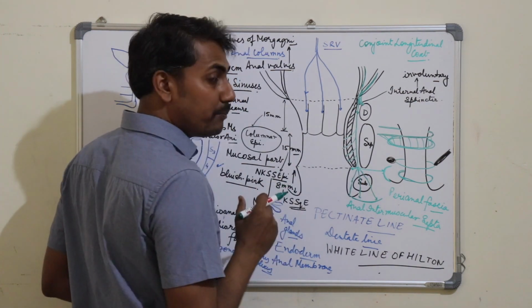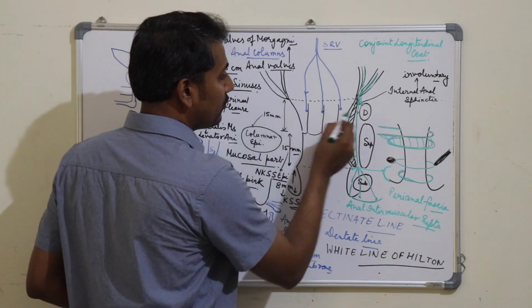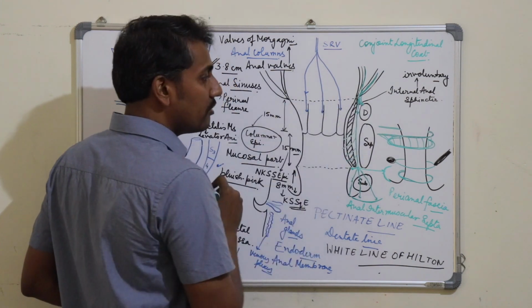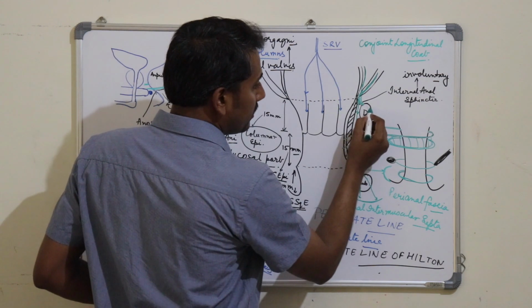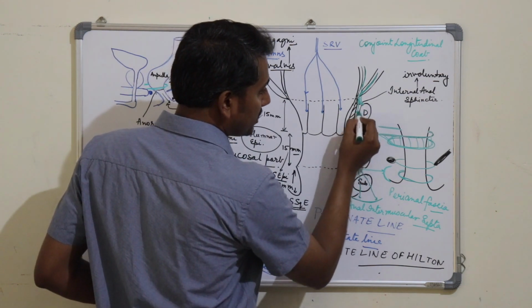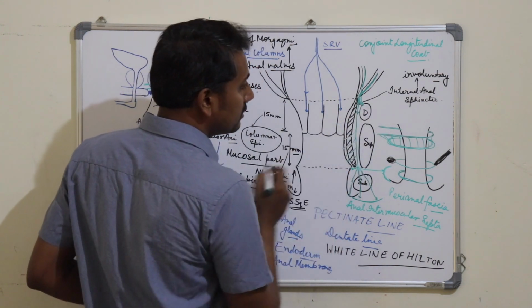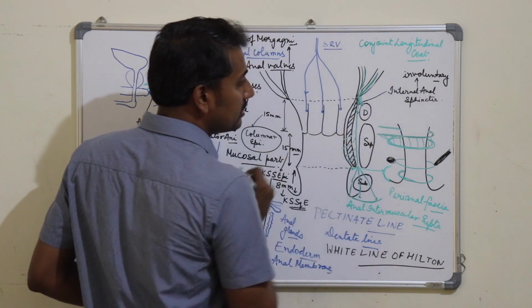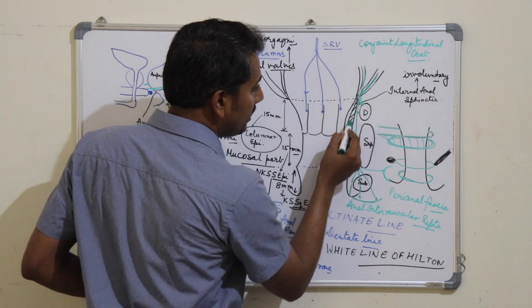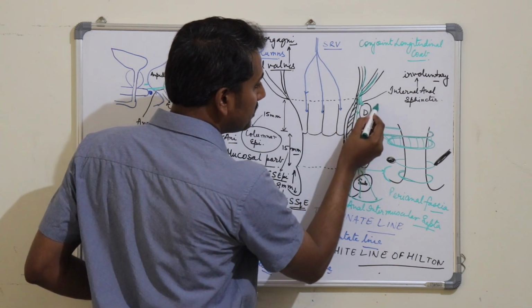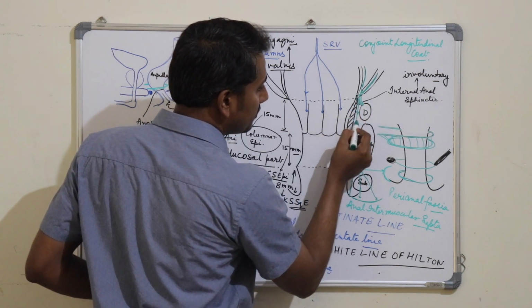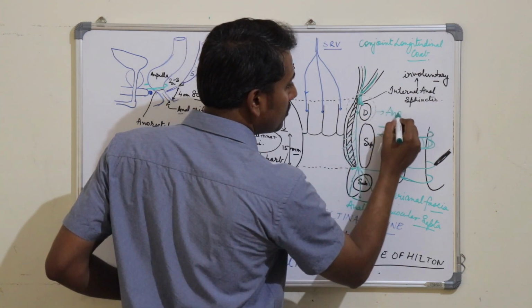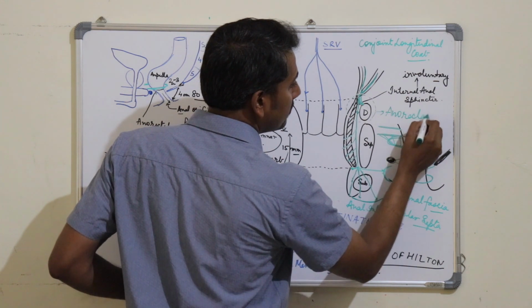Now, a very important muscular ring is formed at the level of the anorectal junction, which is formed by the deep part of the external anal sphincter, the puborectalis muscle, and the internal anal sphincter. This muscular ring here is known as the anorectal ring.